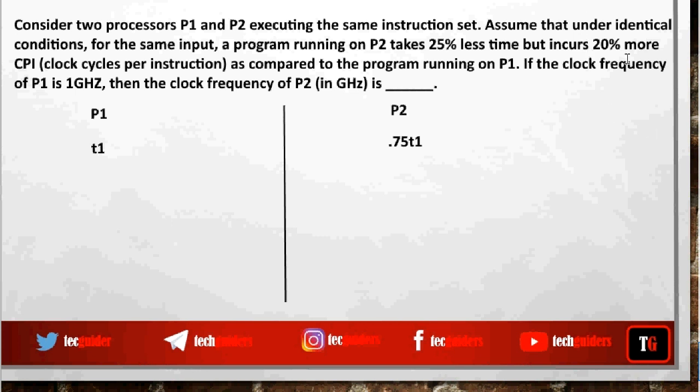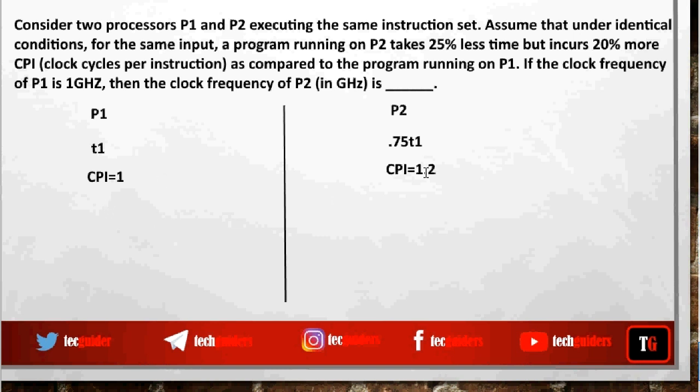But it incurs 20% more CPI as compared to the program running on P1. On P2, the CPI is actually 20% more. Meaning, on P1, if CPI is equal to 1, then on P2, CPI is equal to 1 plus 20 by 100, that is 1.2.